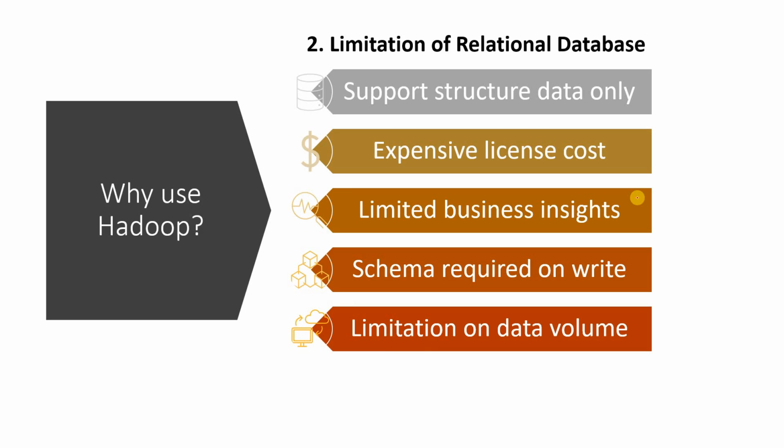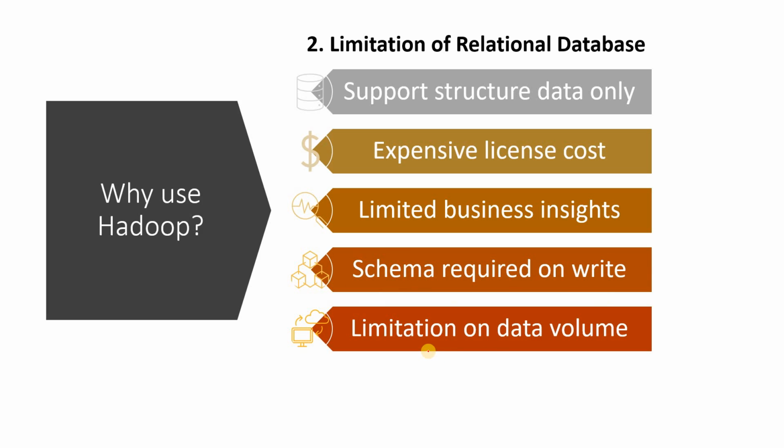And then previously we have learned about relational databases as well, right? But then we know that relational databases have their own limitations. What are the limitations? One, RDBMS or relational database only supports structured data, and it has expensive license costs, limited business insights, and you know that in a relational database you have a schema that is required on write.